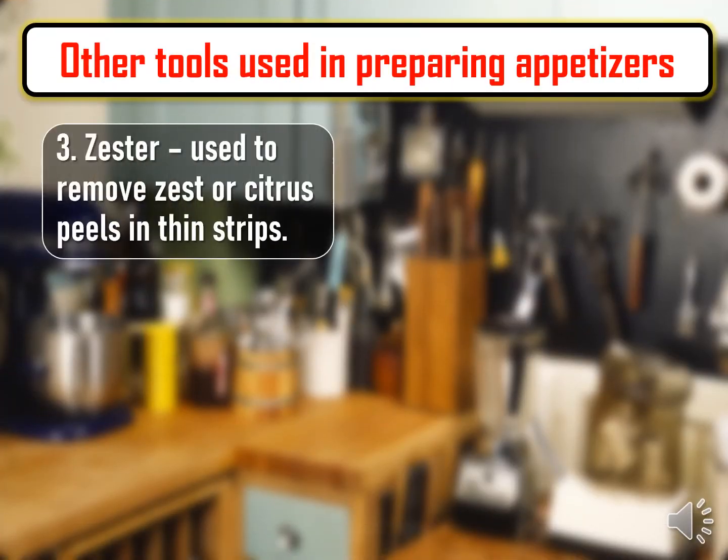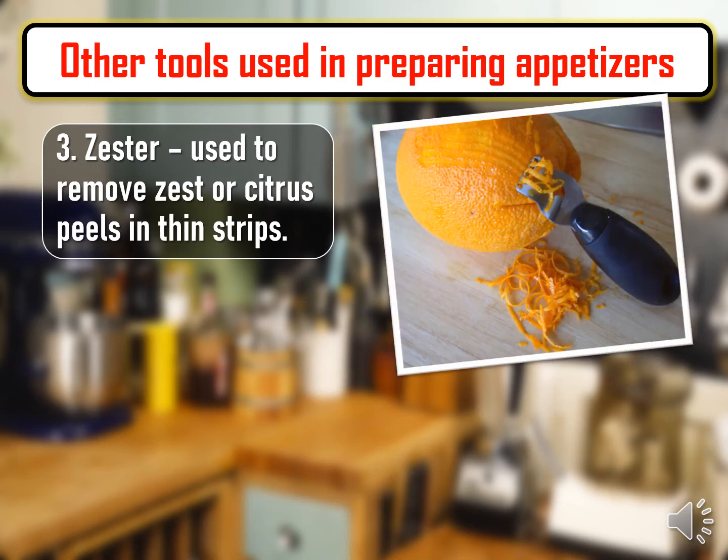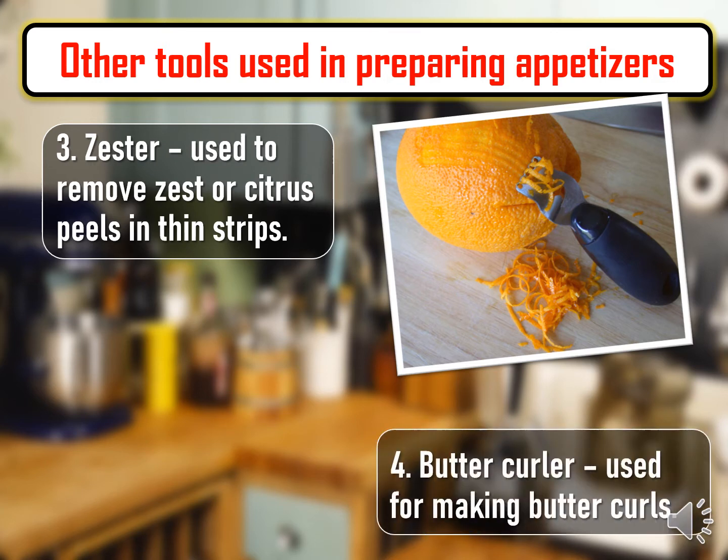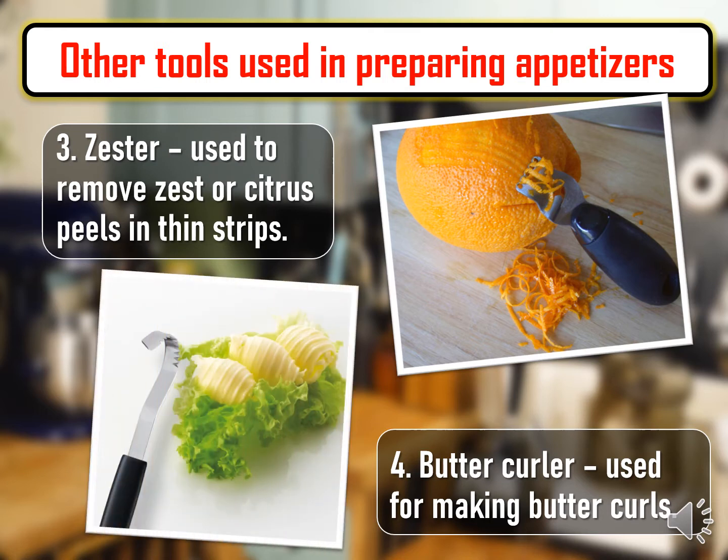Number 3, zester, that is used to remove zest or citrus peels in thin strips like on the samples, and the zest of citrus fruits is used as flavoring. And number 4, butter curler, that is used for making butter curls just like here on the sample, making the butter aesthetically appealing when placed on a certain food item.